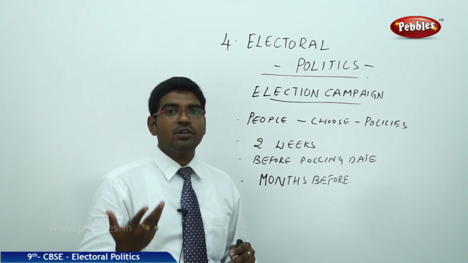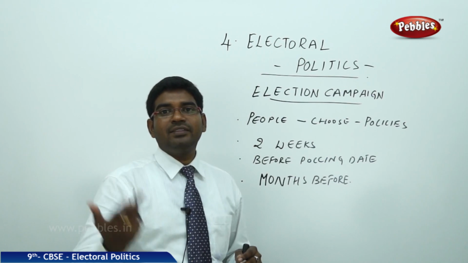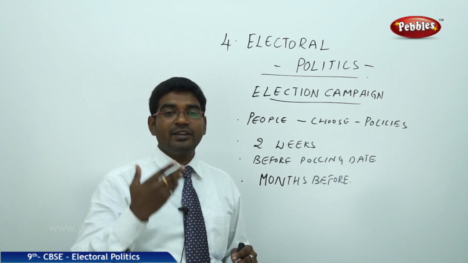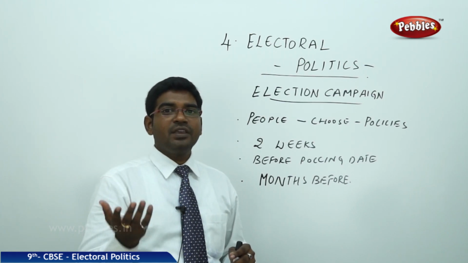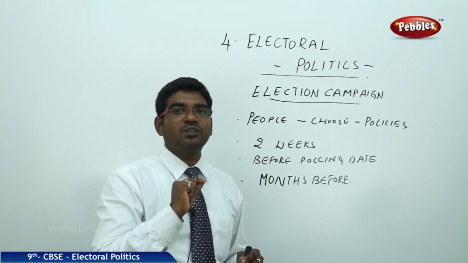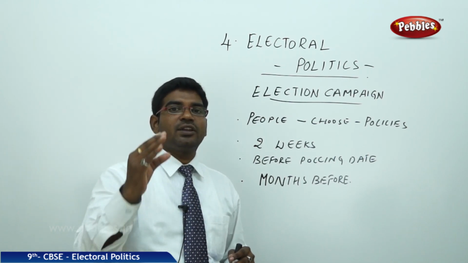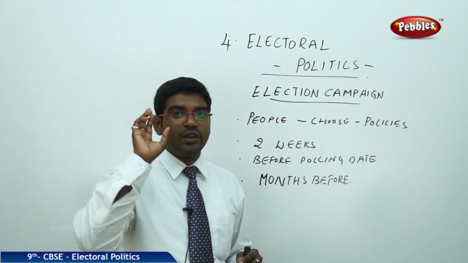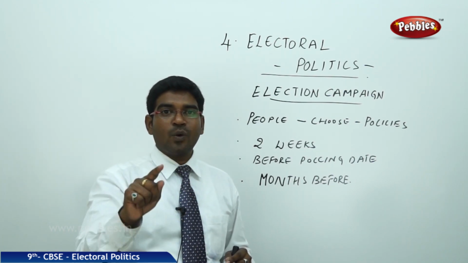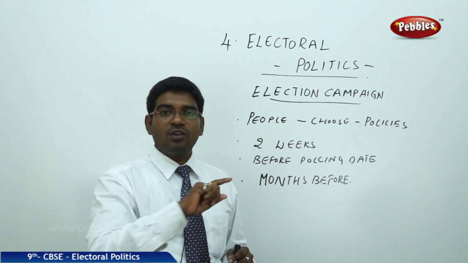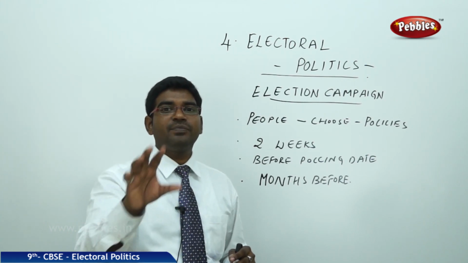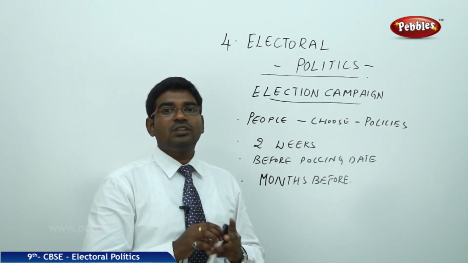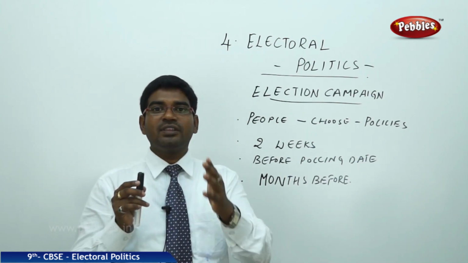He toured all over India, made vibrant speeches, and finally was able to acquire the support of the people. A clear-cut majority was given to Narendra Modi in 2014 elections, but he could not acquire this only in 2 weeks of campaigning. He acquired this by doing long months of campaigning, which he did before 2014. So that's how the political parties plan for the elections.